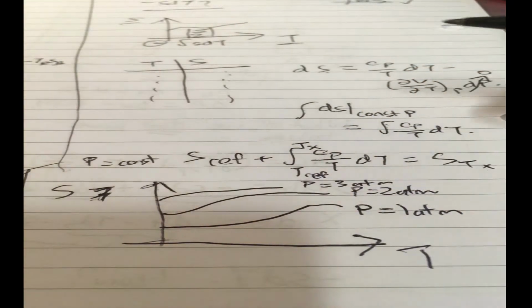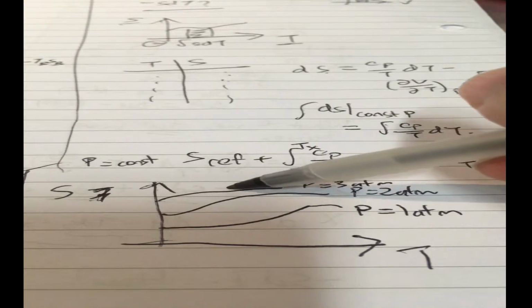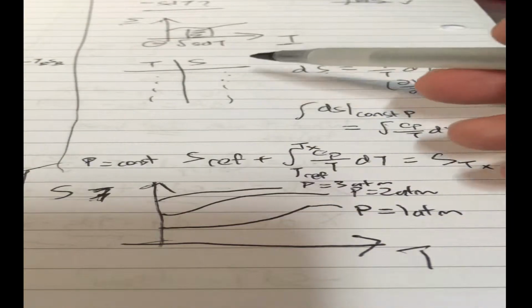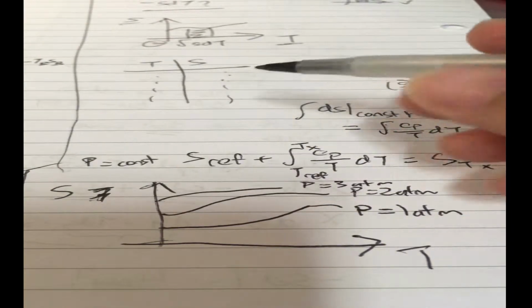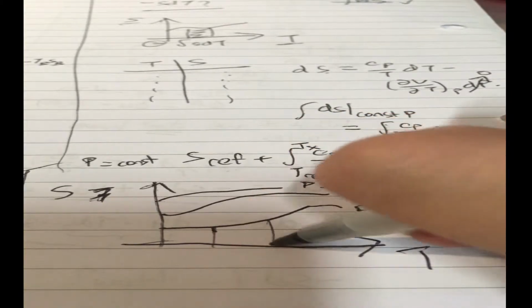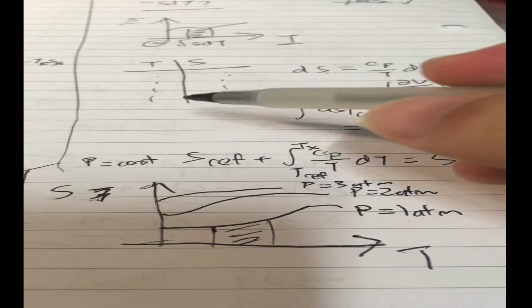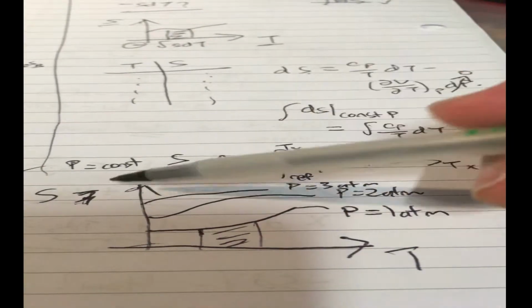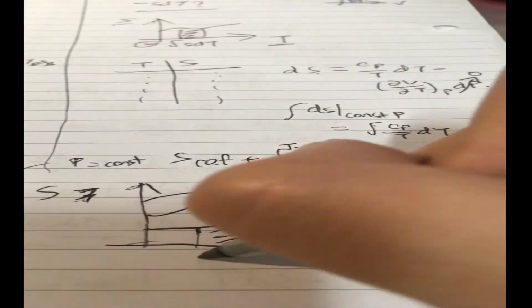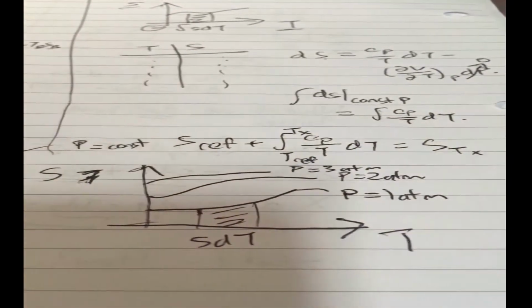I mean, you get the idea. So what you can do is find the area under the graph of one of these, and then you can get your TdS value.